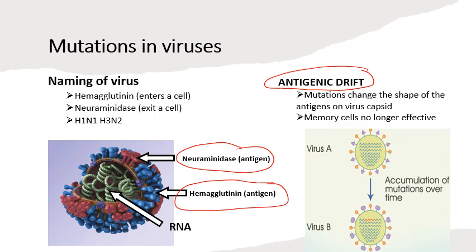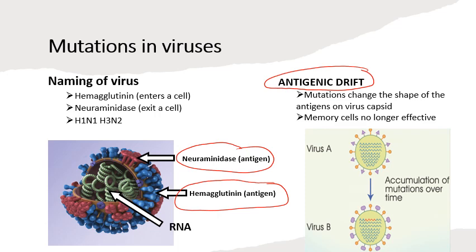So that means that your body would then in fact have to go through your entire adaptive immune response again to create a new set of effector cells and memory cells against the new strain of the virus.